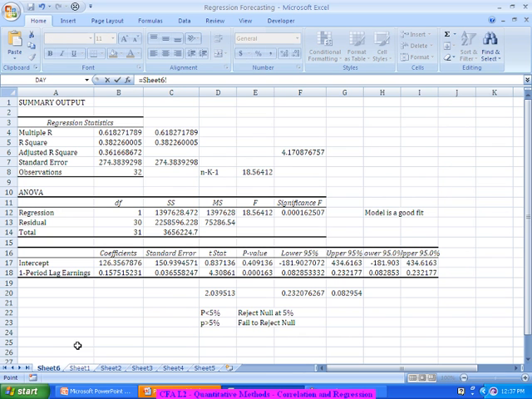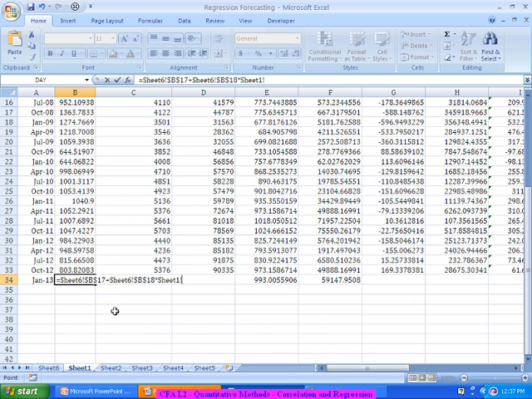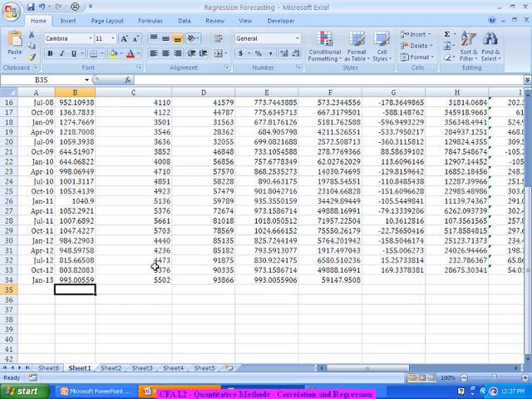I am using equal to 126 plus 0.15 times 5502, which is telling me that if I go with this assumption, my stock price needs to be 993.